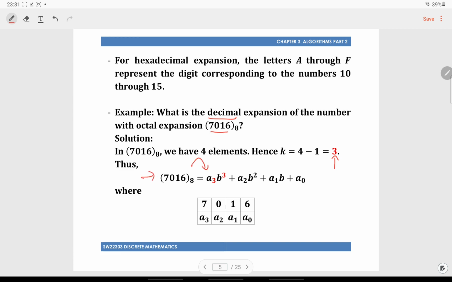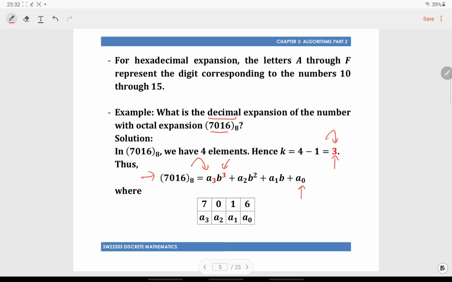We have a3 b cubed, because k equals 3, so the highest power for the leading term is b to the power of k, which is 3. So we have a3 b^3 plus a2 b^2 plus a1 b^1 plus a0 b^0. Again, because b^0 equals 1, we can omit it, so it remains a0.